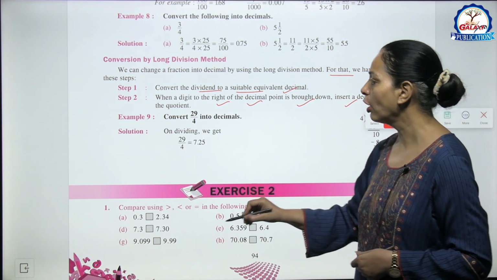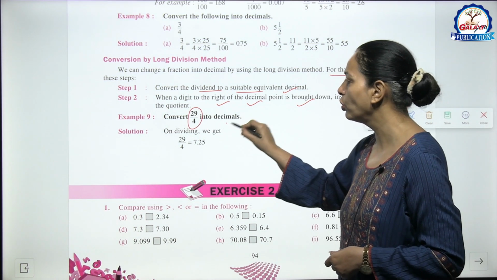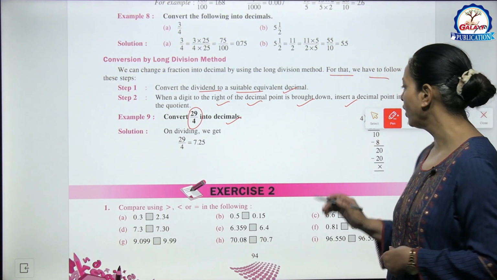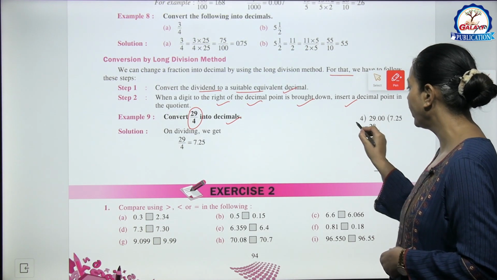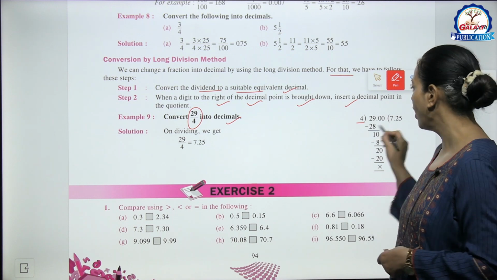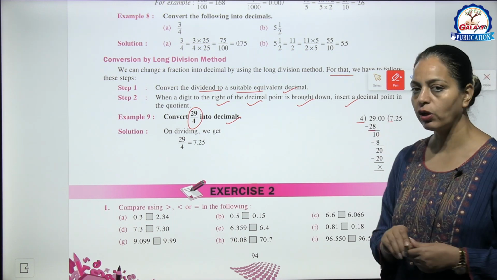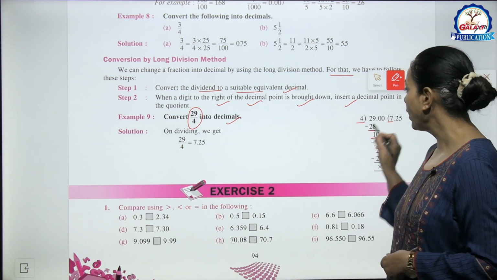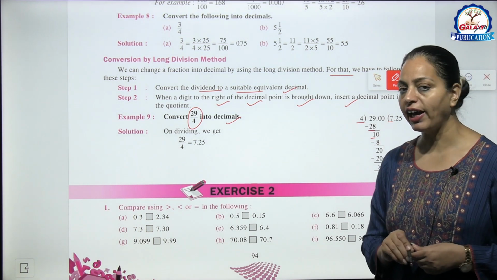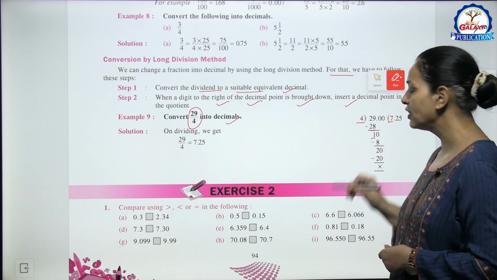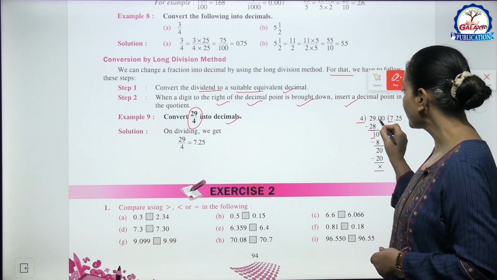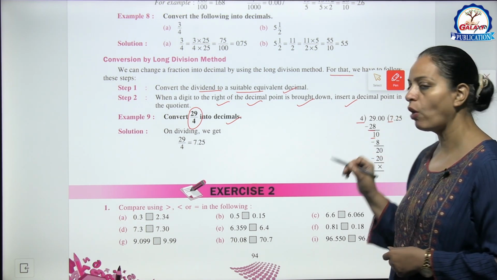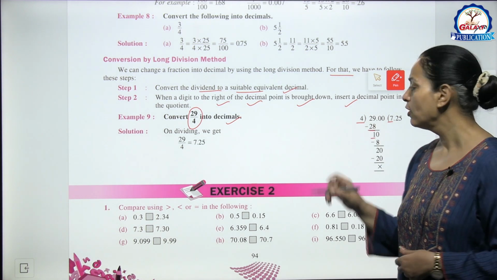See how to do. Example 9. Convert 29 upon 4 into decimal. That means 29 we will divide by 4. You know 4 7s are 28. Okay, now we will subtract. We are getting 1. Now we put the decimal point and take 1 0 down. So decimal has started. It means we have to put the decimal point in the quotient also.